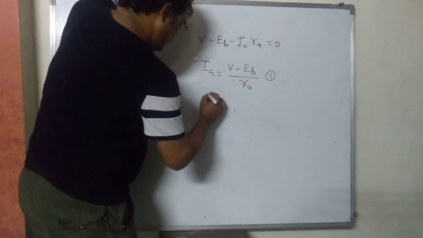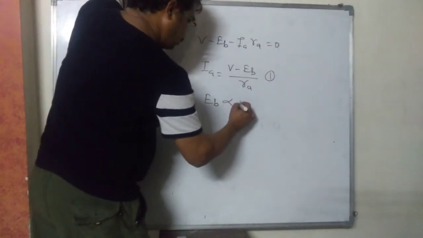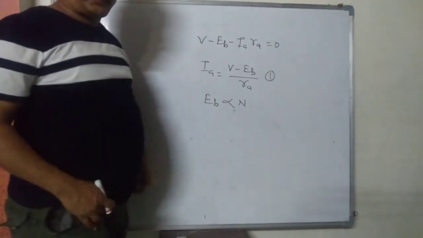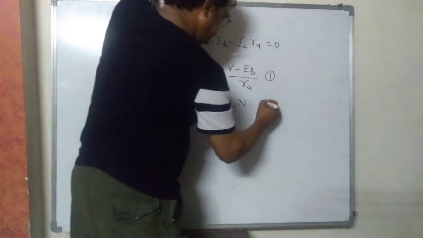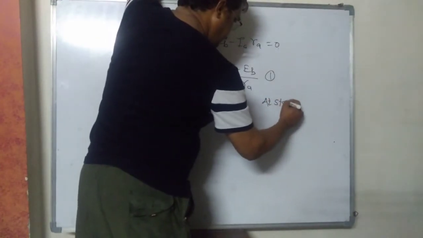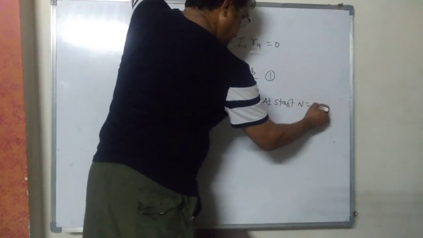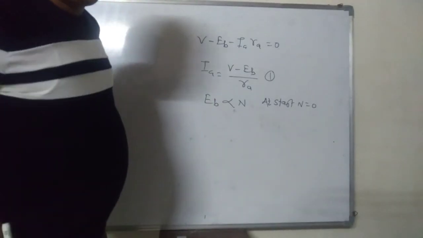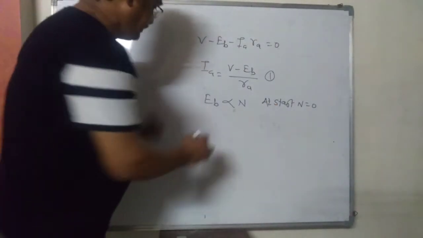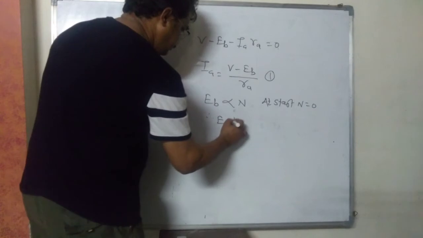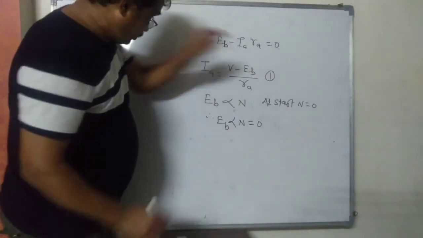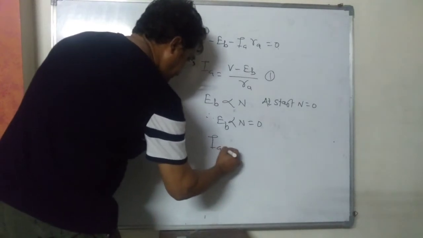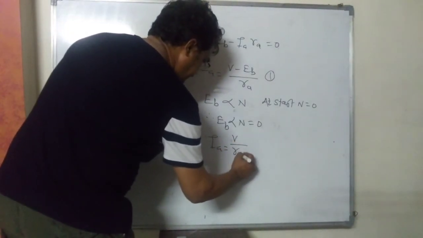We know that EB, the back EMF, is proportional to speed. At the start, speed of motor is 0. So N is 0, EB will be 0. And since EB is 0, IA will be V upon RA.